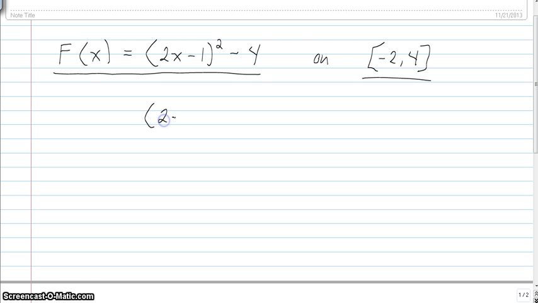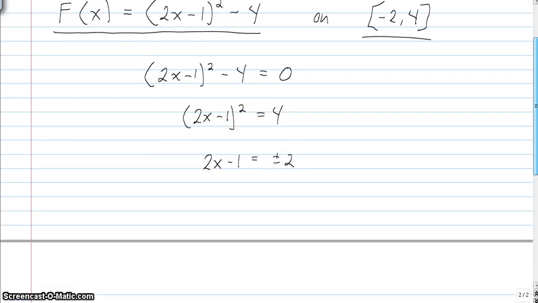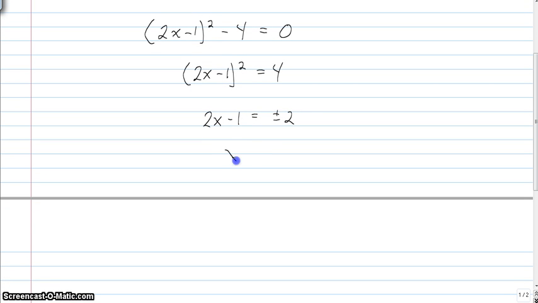And I'm going to take just a quick second to figure out where my zeros are. So if I solve this for x, real quick, take the square root of both sides, just doing some basic algebra. And if I solve this for x, you would get 1 plus or minus 2 all over 2.